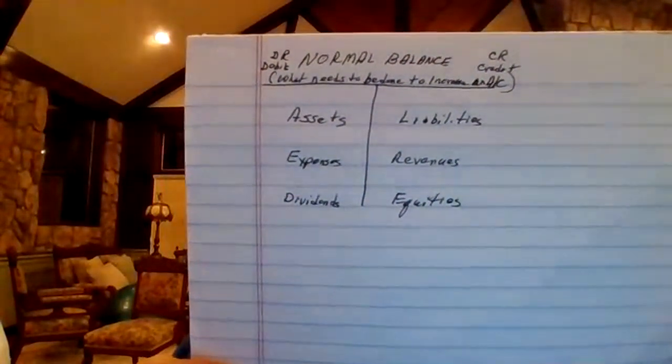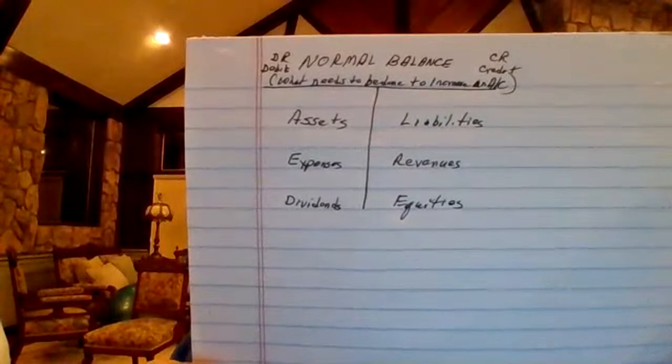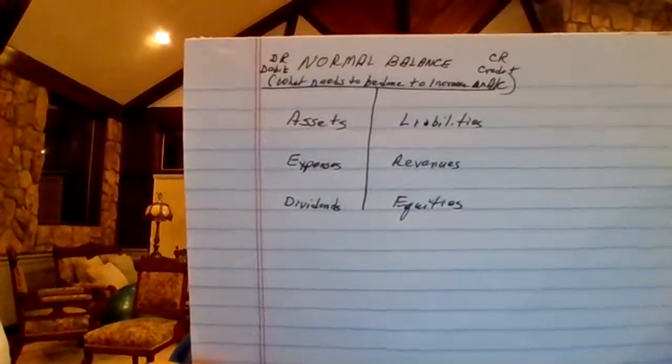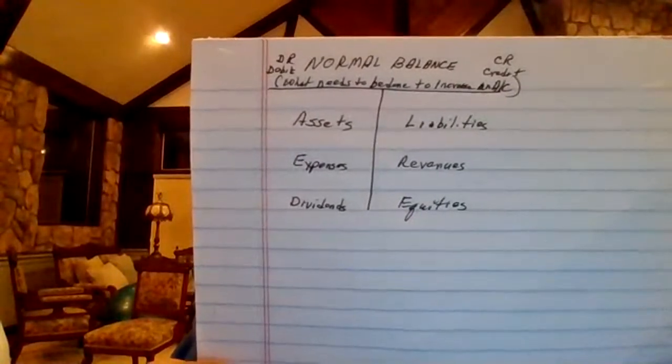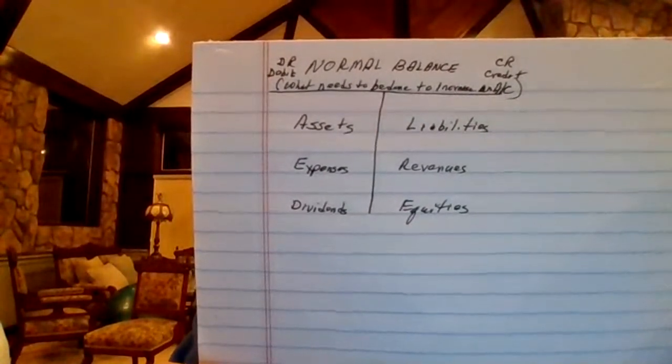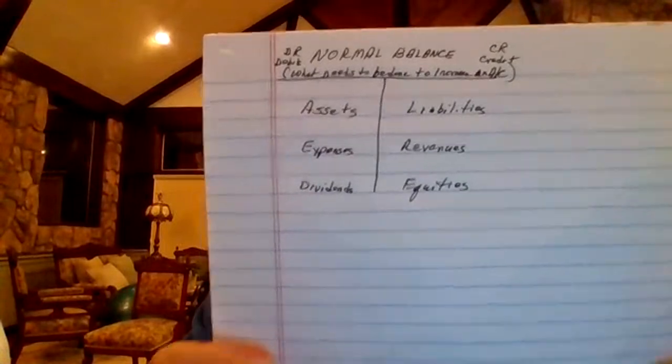Okay. This is very important. This is going to help you when we're doing our end of chapter assignments. It's going to help you on the exam when we're preparing journal entries, when we're recording transactions. Because what we have to do, the first thing, I'm going to write some rules down here, steps.